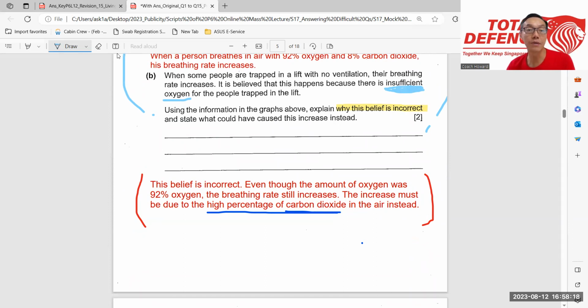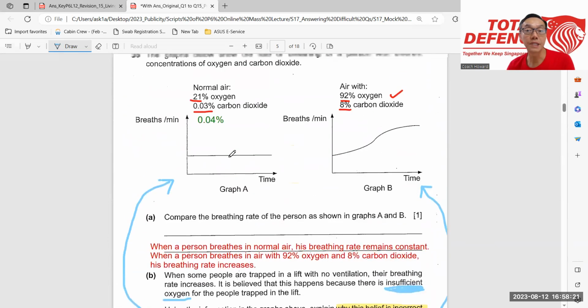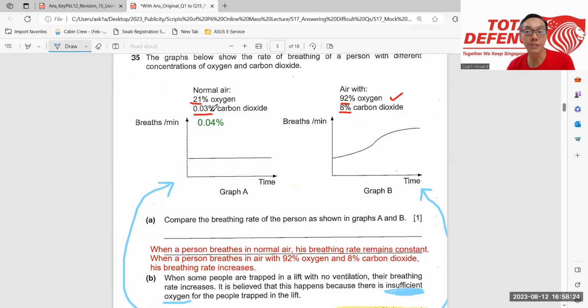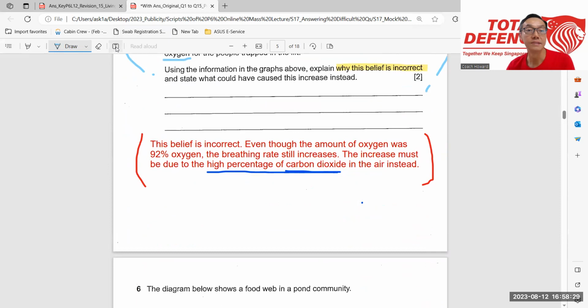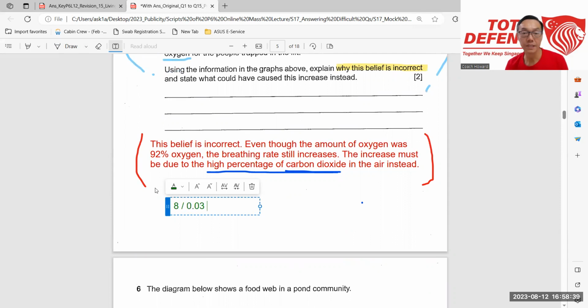Okay, interestingly, if you calculate mathematically, if you take 8 divided by 0.03, you will get about 267. So what I mean is if you calculate 8% divided by the 0.03, you will arrive at the answer like 266 point something, so I round it to approximately 270.